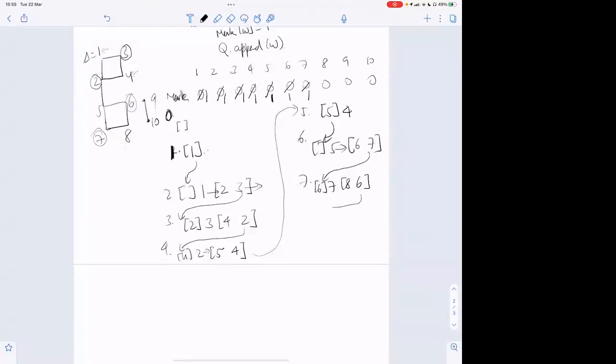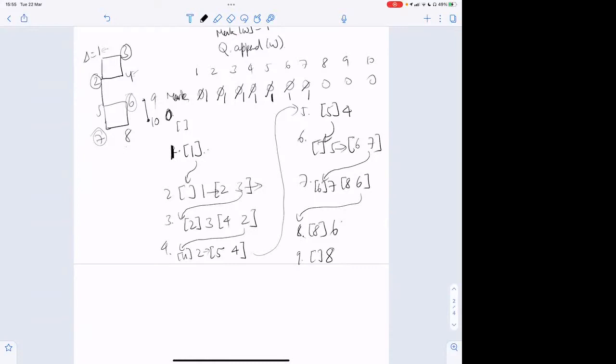And now in the 8th time step, I will take out 6, and I will be left with 8 in this thing. Does this have any unmarked neighbors? No, the only neighbors are 5 and 8, and they are marked. So this is gone. And now I will take out this and be left with an empty queue.